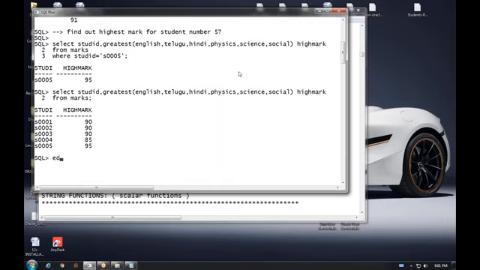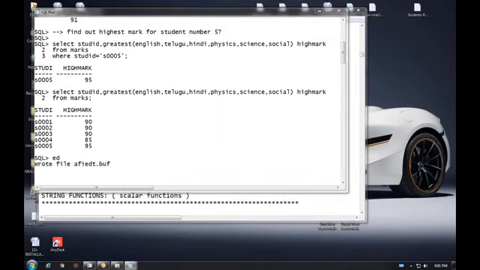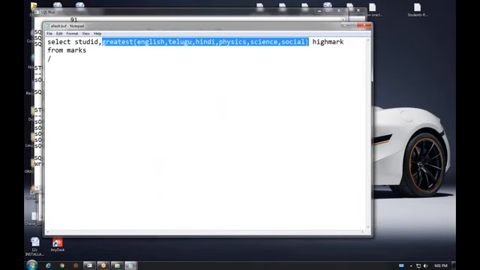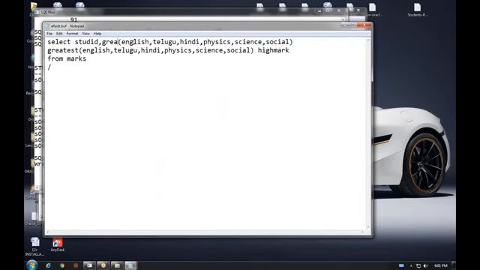Not only this, you can also find out the least mark. Same one. In place of greatest, just use least. And here, high mark, low mark.